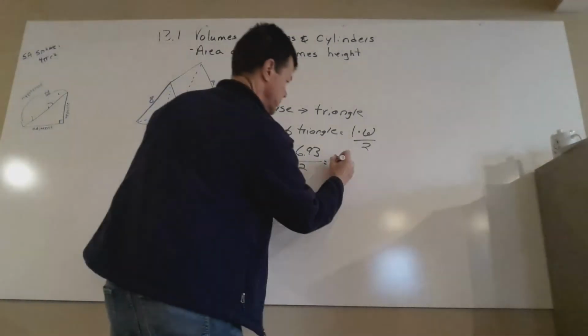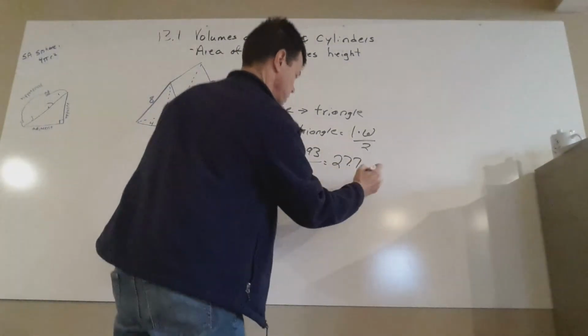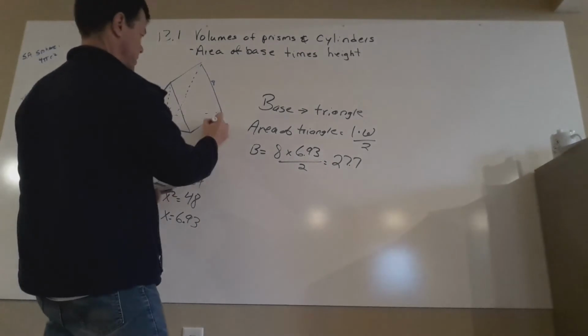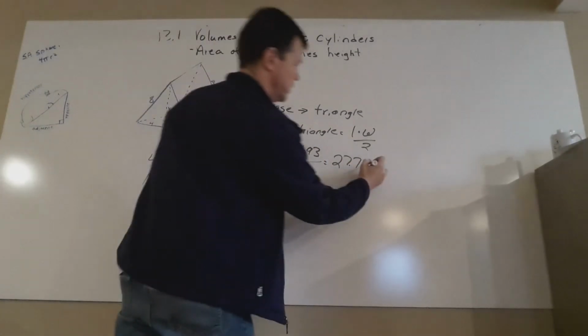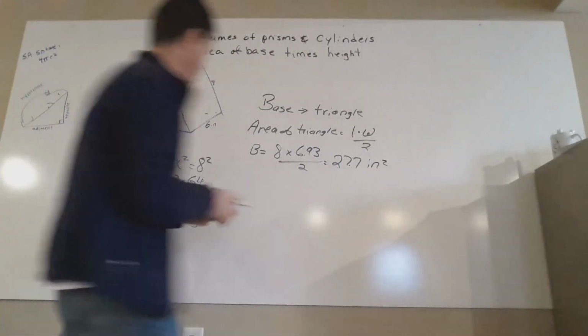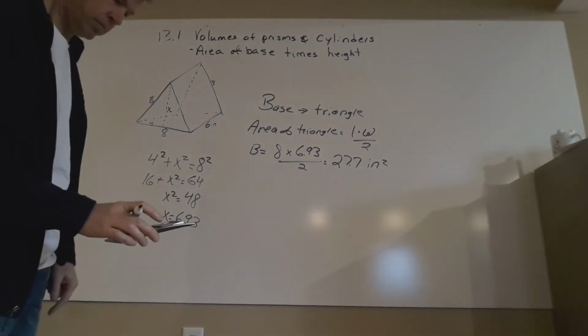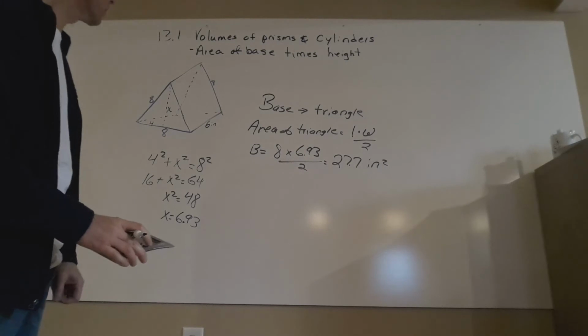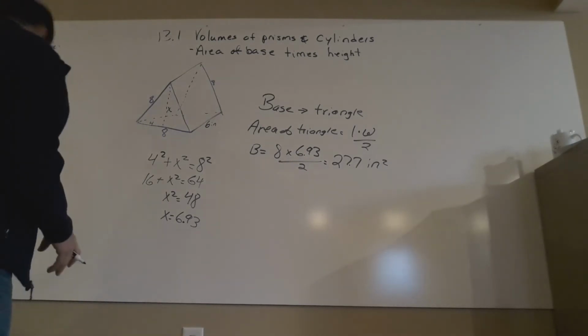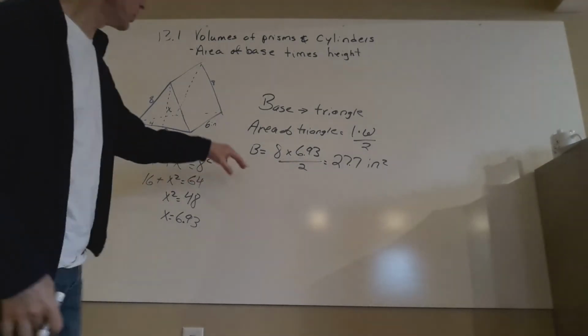That's 27.7. We'll use inches. Area of the base, which is the triangle here, is 27.7 inches squared.